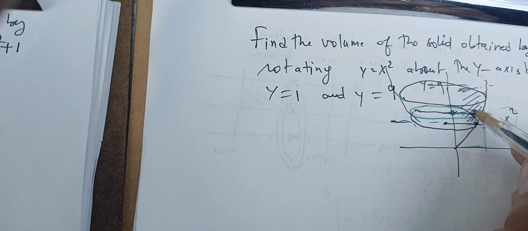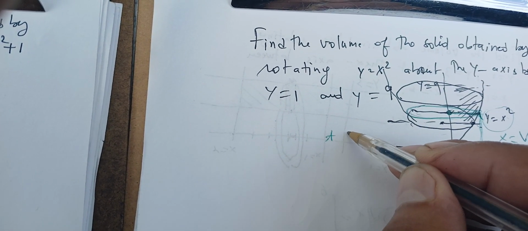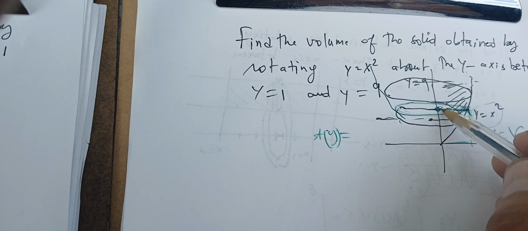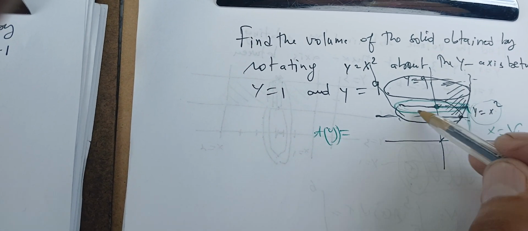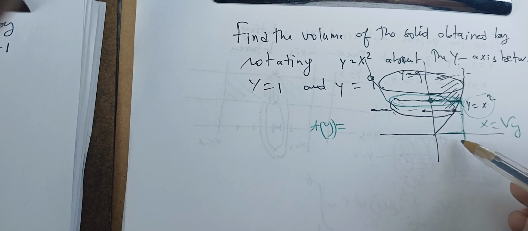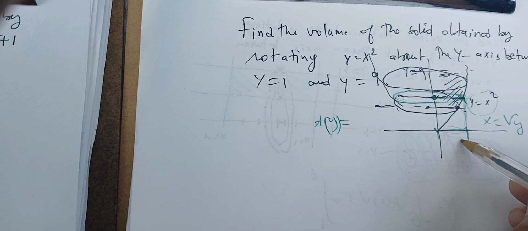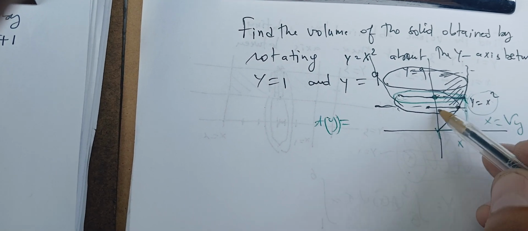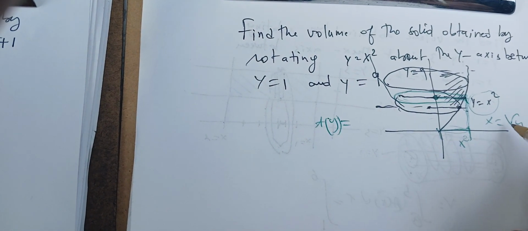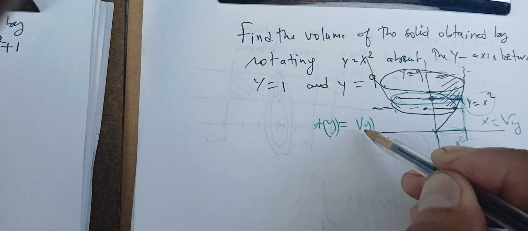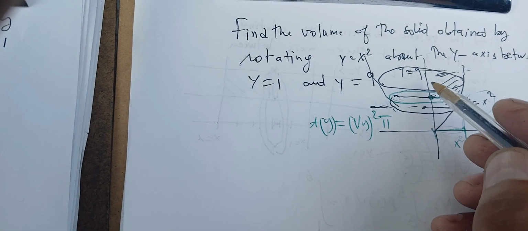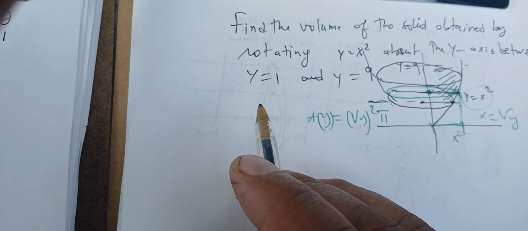This cross-sectional area is gonna be in function of y. It's gonna be a circle that has this radius, which is x. But I need to square it, so x squared is just square root of y squared times pi.